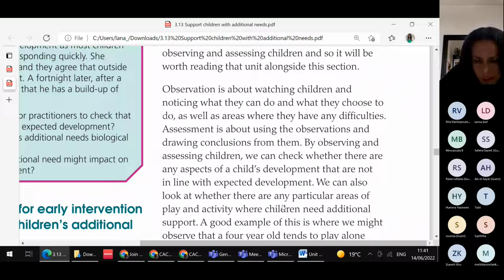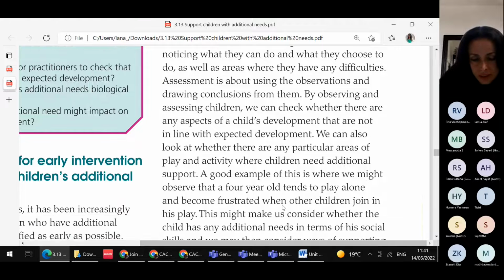By observing the child and assessing them, we also can check whether this child has any slow development in any area. They might not be disabled, they may also be slow learners, so all this we can spot when we observe the child. And also we can observe if they have additional needs. Maybe we can give them additional support.